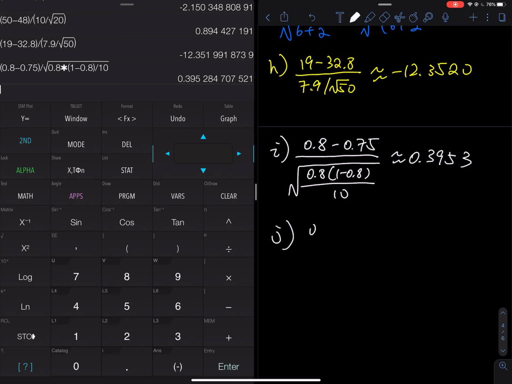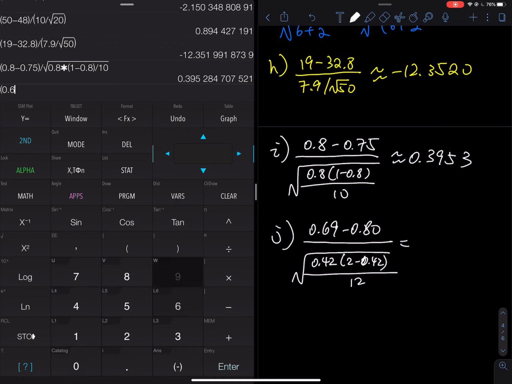J is 0.69 minus 0.80 divided by the square root of 0.42 times 2 minus 0.42 divided by 12. So open parenthesis, 0.69 minus 0.80, close parenthesis, remember, close parenthesis, square root 0.42 times open parenthesis 2 minus that, and then divided by 12.